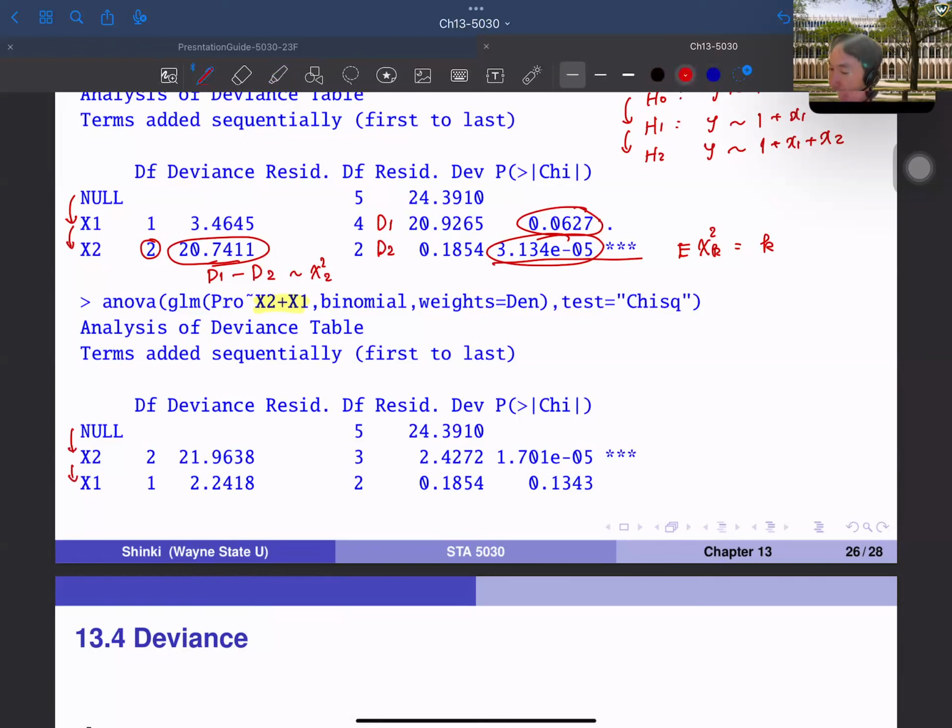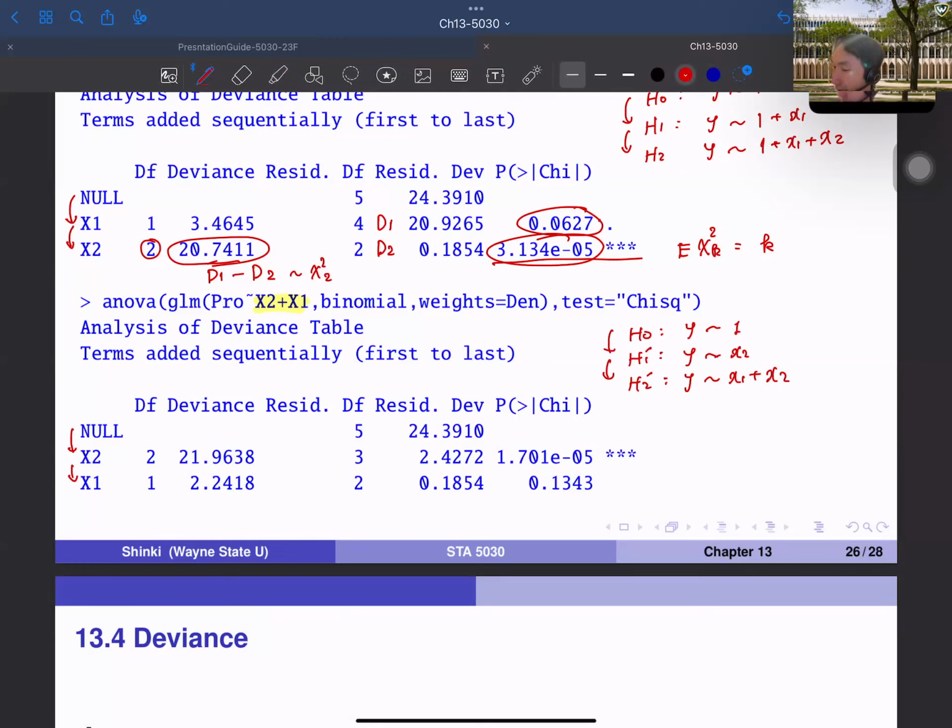So we compare the null model, Y on intercept, with Y on X2 only, and maybe call these H1 prime and H2 prime, with X1 plus X2 here. So this test and this test are different from the previous table.